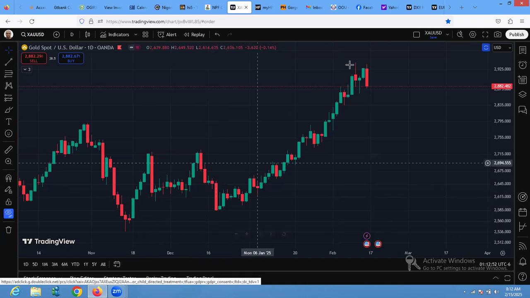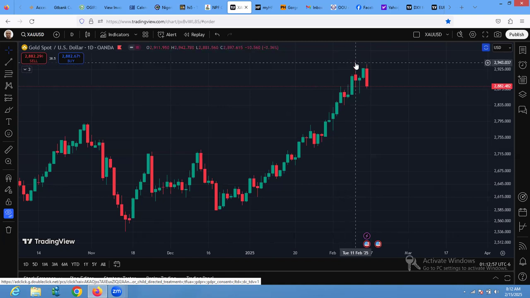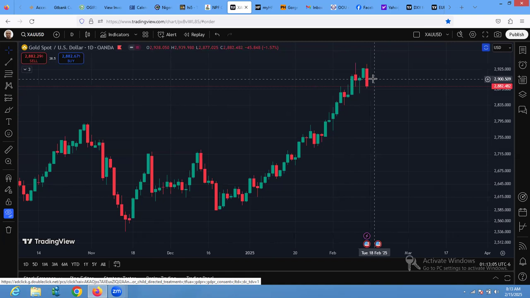The 3rd wave is completed. And within this 3rd wave, I see this as 3, 4, and 5 that didn't take the top. And this is an impulse. So to the downside is bullish and is bearish now.